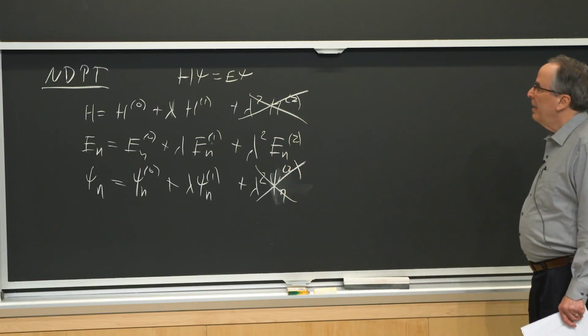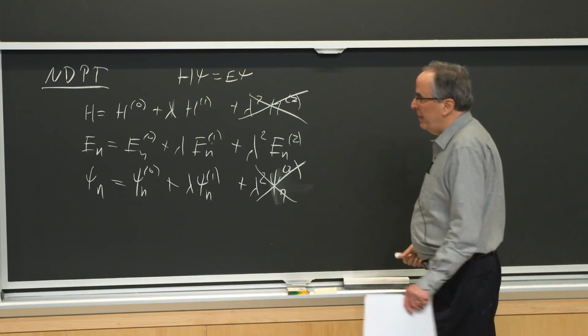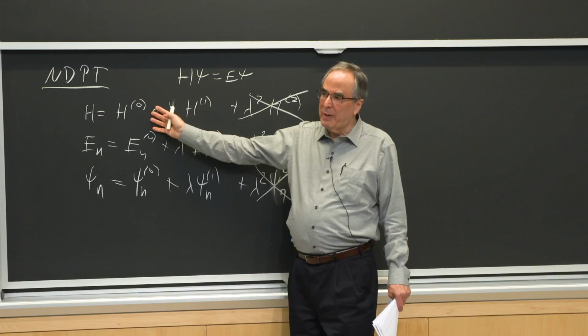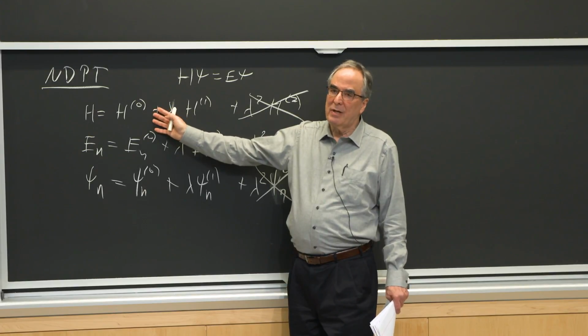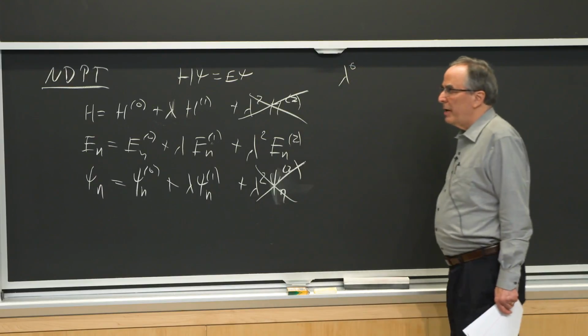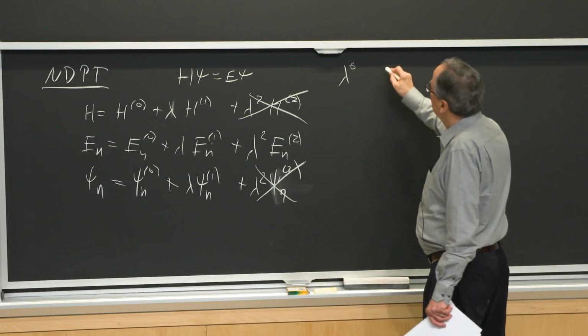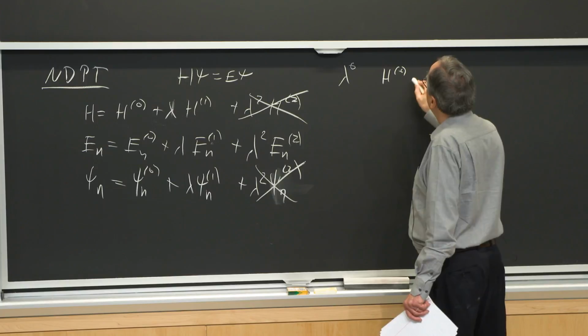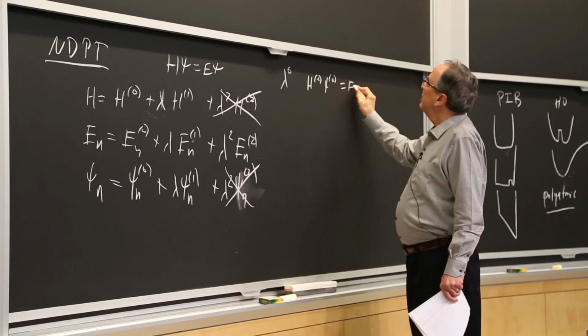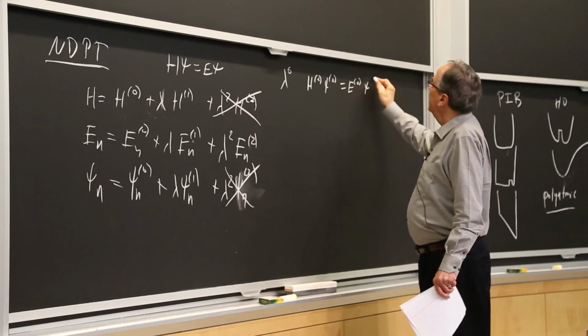Okay, and so what we do is now we write the full equation, and we sort it into sub-equations corresponding to powers of lambda. So the lambda to the zero equation is really easy. It's just H0 psi 0 is equal to E0 psi 0.